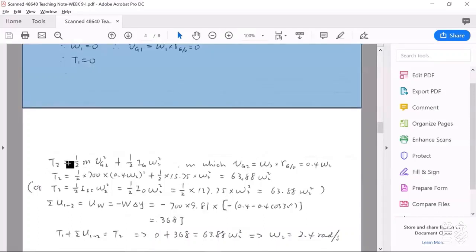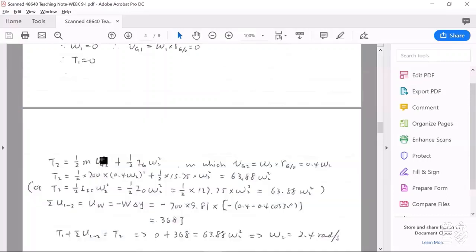For T2, we can use this equation. Select point G for the calculation. So we have two components, Vg2 and omega 2. They are not independent, and Vg2 can be expressed using omega 2 times the distance from G to O. Substitute this into this equation. We only have omega 2.